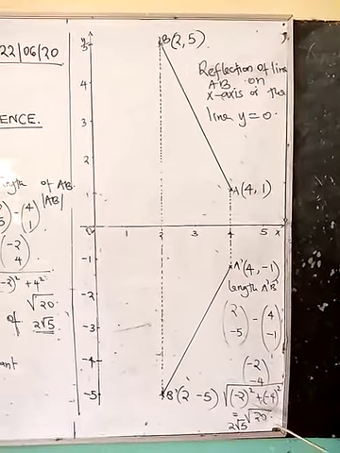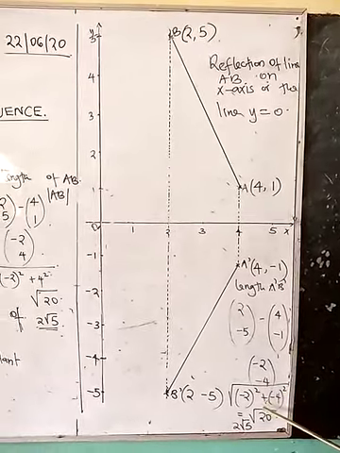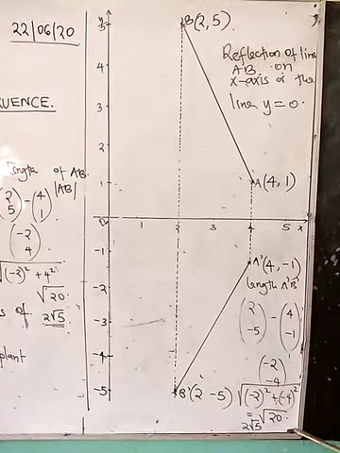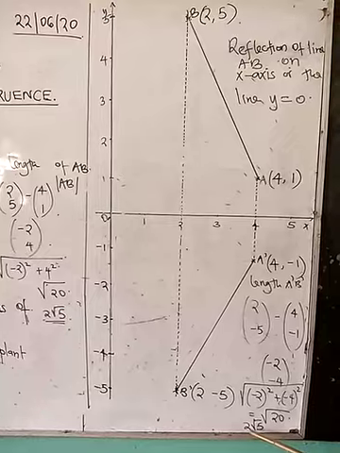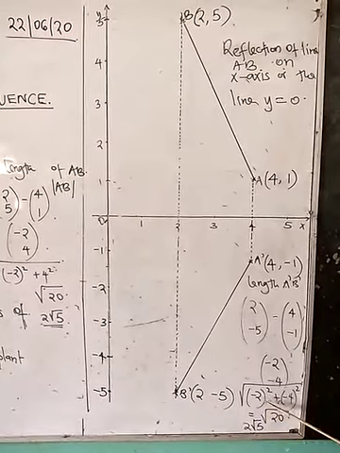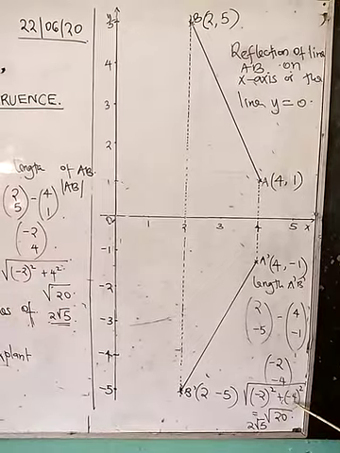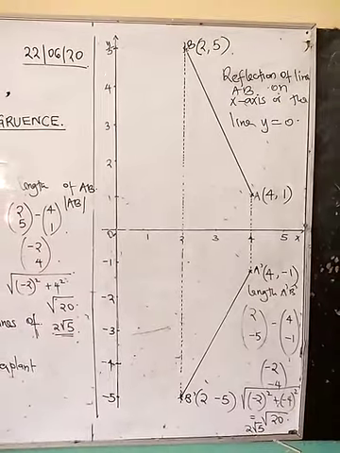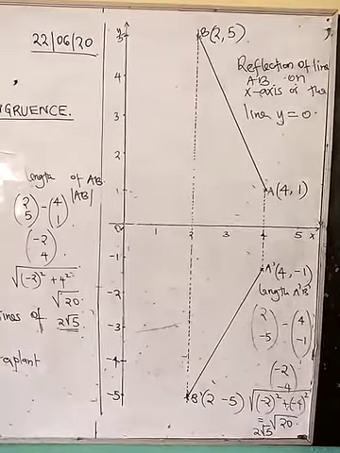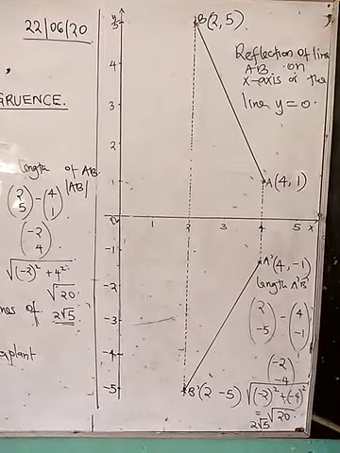Then we square the coordinates and get the square root. -2 squared is 4, -4 squared is 16. 16 plus 4 is 20.